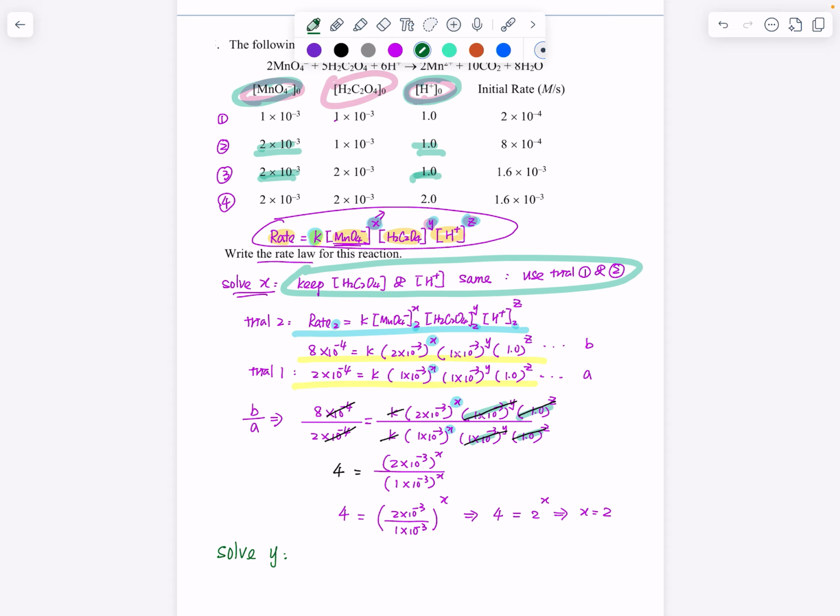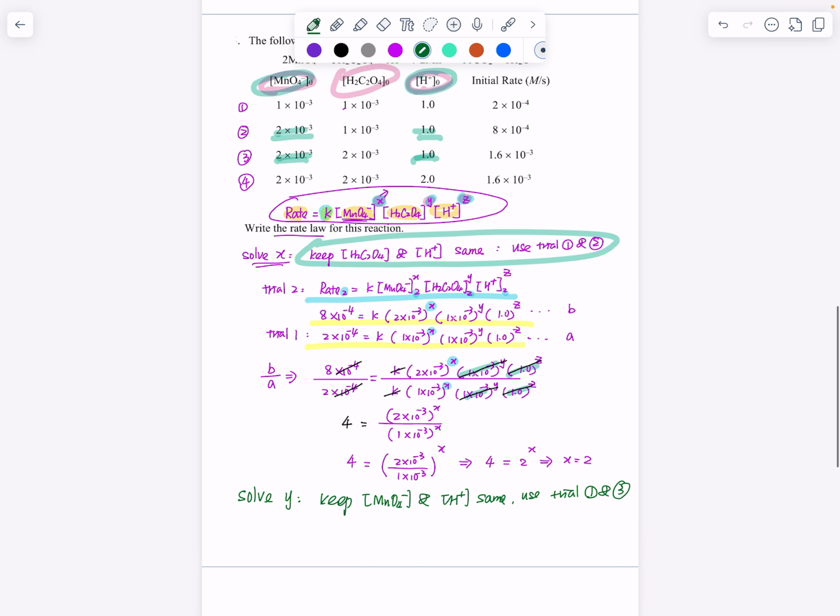So we want to keep the other two the same, which means we can use trial 1 and 3. I'm just going to jump to this step.